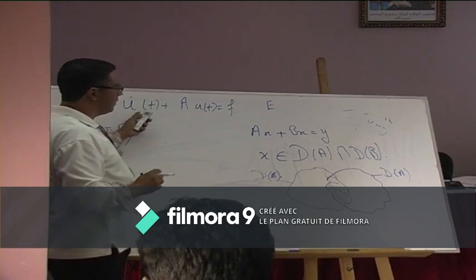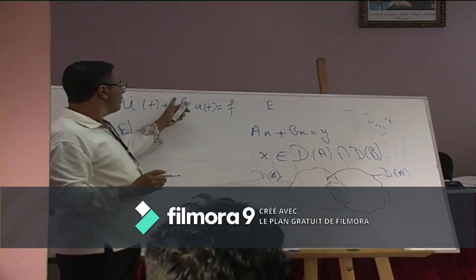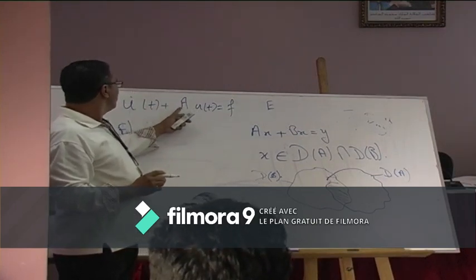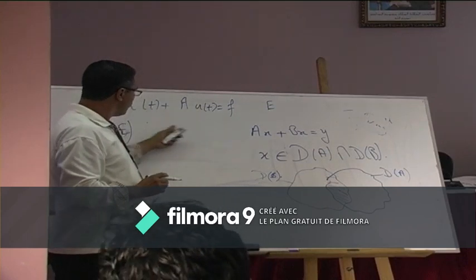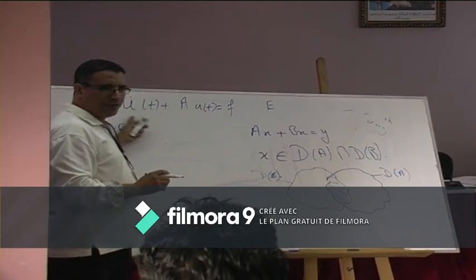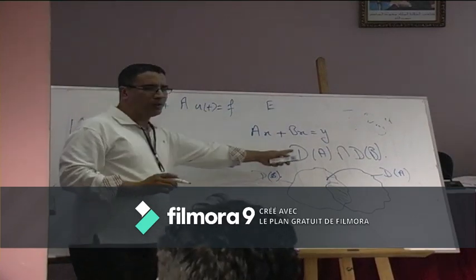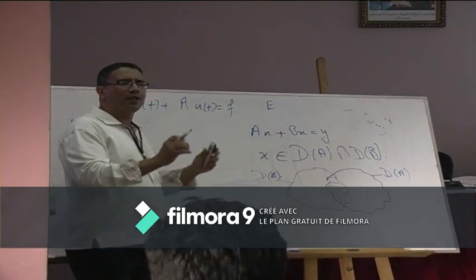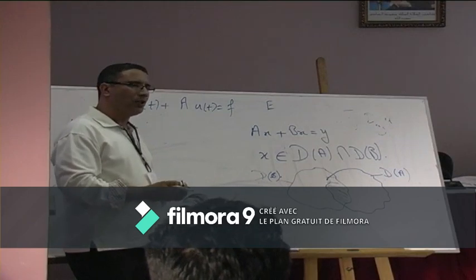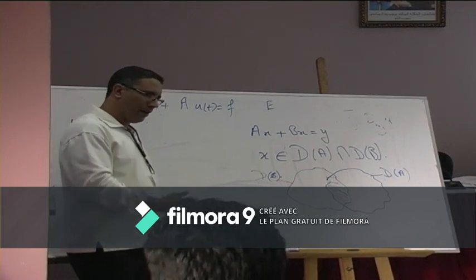And what does it mean? The maximal regularity of the operator A means that the solution of this problem belongs to the space of maximal regularity of appropriate operators, which I will explain now.